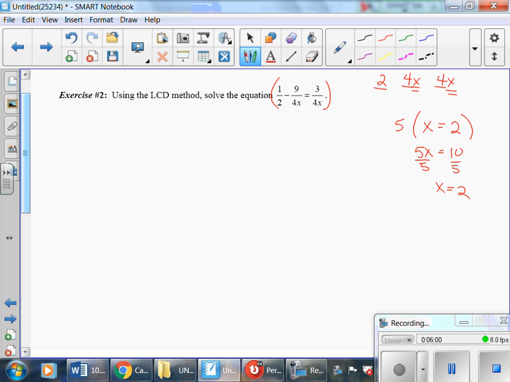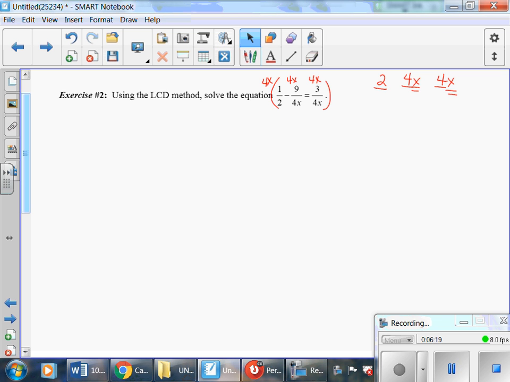All right, so that's a little piece of information that you might need to know. So we're going to multiply this whole thing through by 4x. When I do that, it means I'm multiplying all of the numerators by 4x. Now, some of you might be able to skip this step, but if it's easier for you to understand, just multiply it.